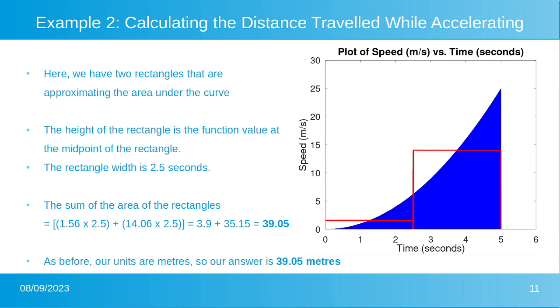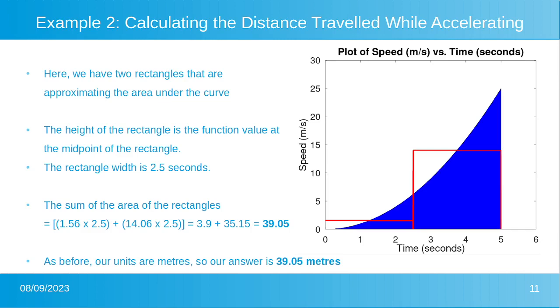So its height corresponds to the speed at 1.25 seconds. And for the second rectangle, its midway point is at 3.75 seconds, so its height corresponds to the speed at 3.75 seconds.